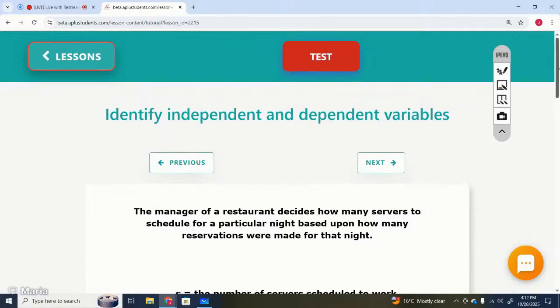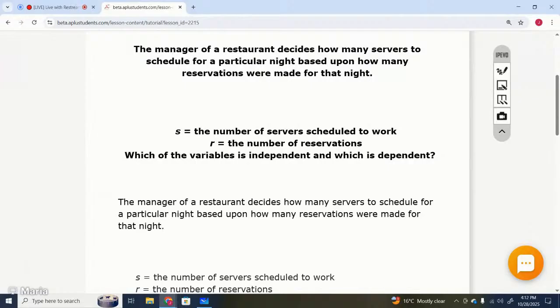The manager of the restaurant decides how many servers to schedule for a particular night based upon how many reservations were made for that night. S equals the number of servers scheduled to work and R equals the number of reservations. Which of the variables is independent and which is dependent?